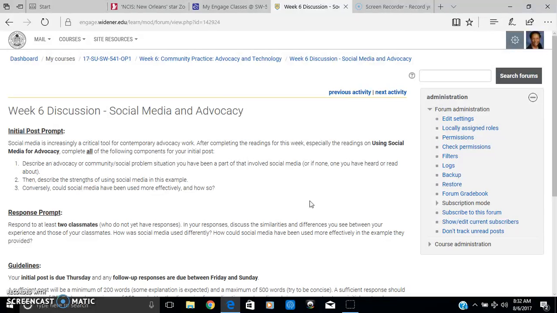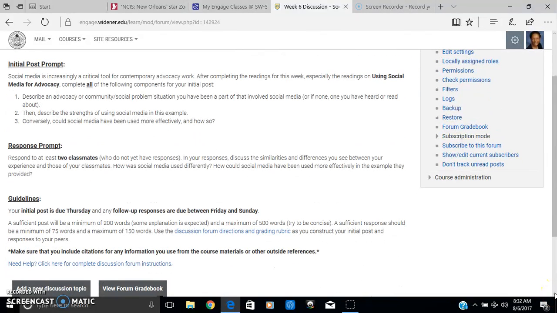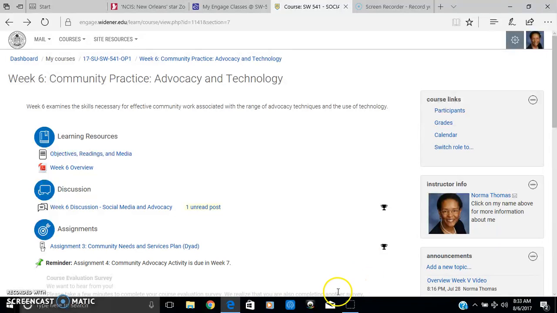Describe the strengths of using social media around the example you've chosen, and then conversely, could social media have been more effective? Then respond to 2 of your classmates. As always, the initial post is due by Thursday, and then the subsequent post between Friday and Sunday, and you're responding to 2 of your classmates.